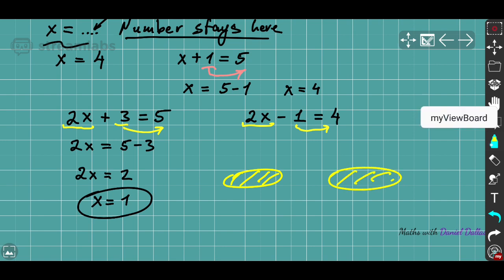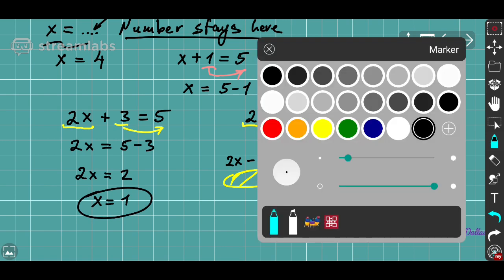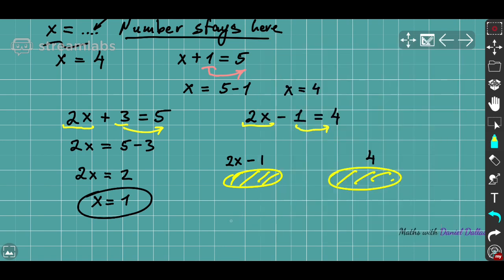So let's say you have plates of your scale, and here you have 2x minus 1. The right side is just 4. So using the balance method, what do you want to do in order to stay with 2x on the left plate only?